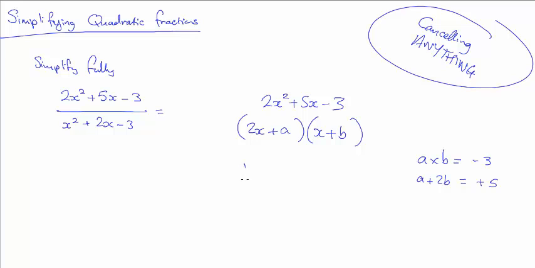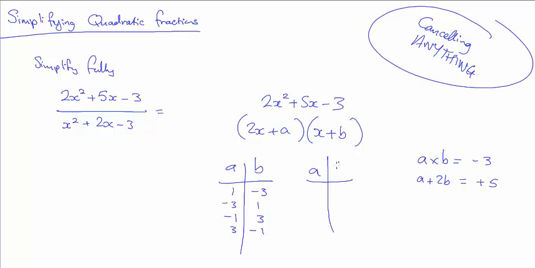So simple. You know how to do it. A and b, let's think of all the possibilities. We could have 1 and minus 3, which gives us minus 3 and 1, because this is one of those ones with 2x and x, so our order matters. We can do minus 1 and 3. We've done it.